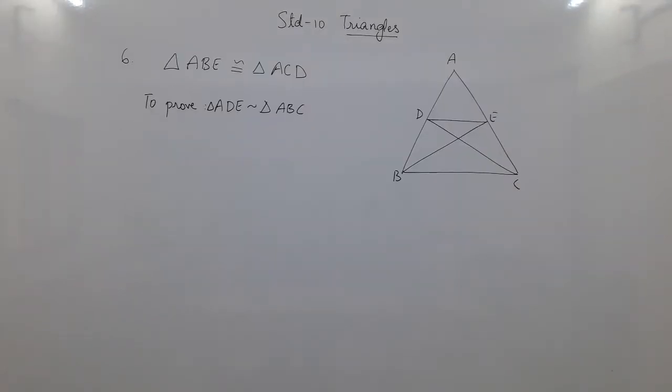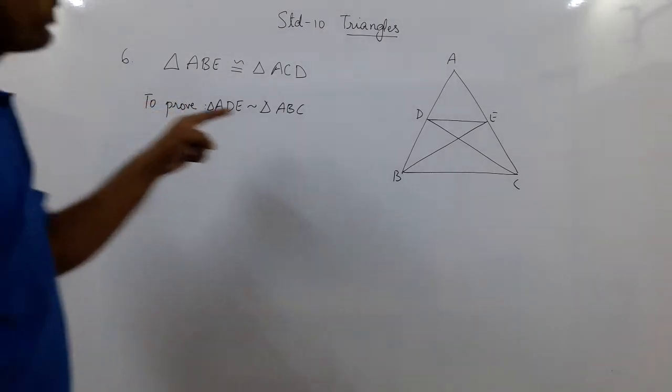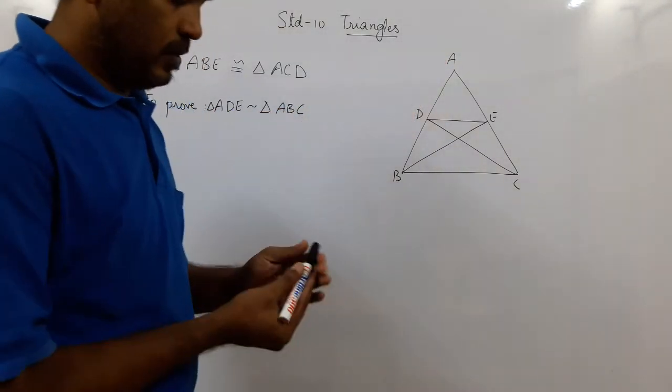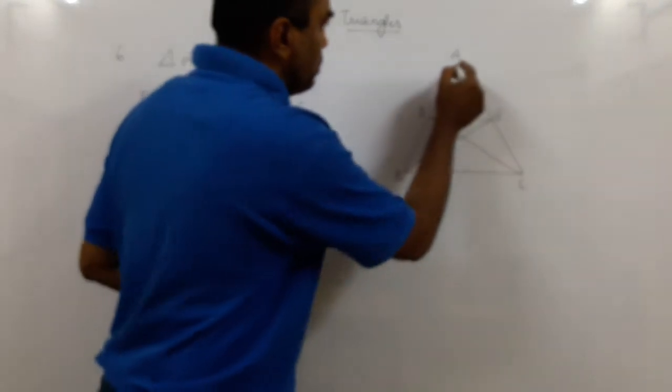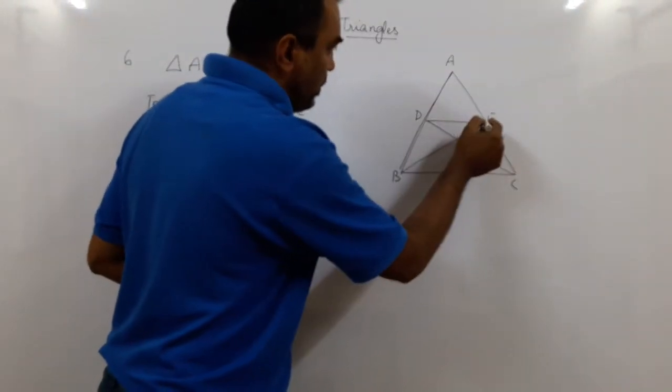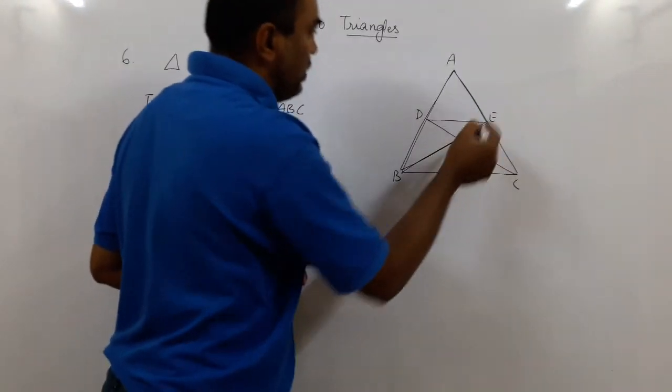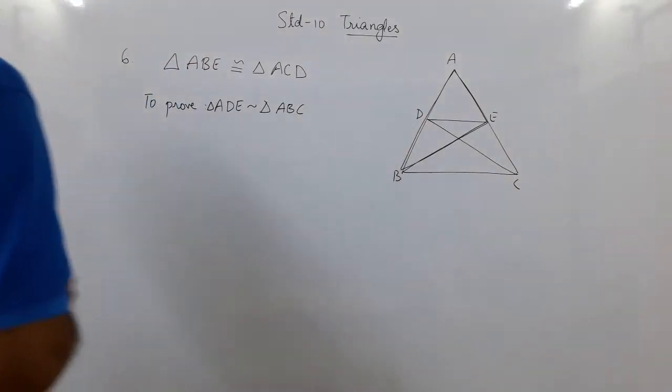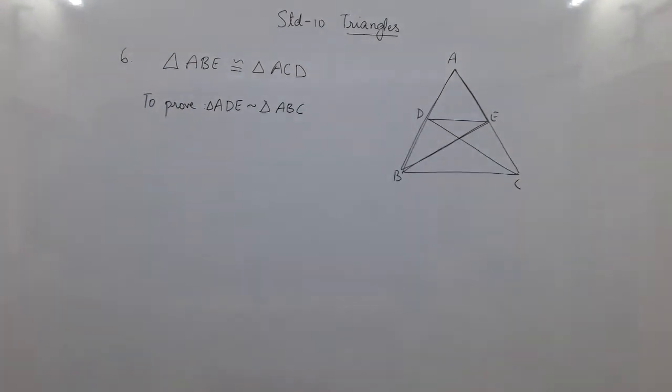Now on the board we have the sixth sum of exercise 6.3, and here something is given congruent. So there is a congruency and we have to prove similarity. What is given to us? Triangle ABE is congruent to triangle ACD.